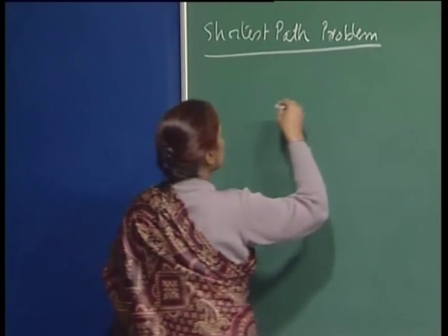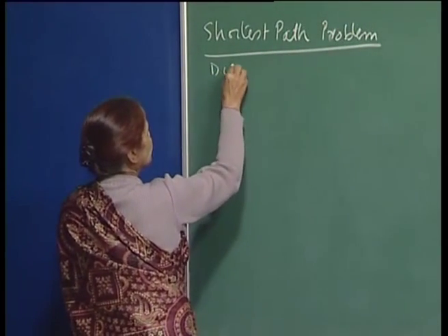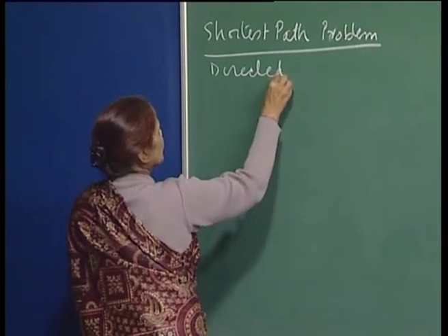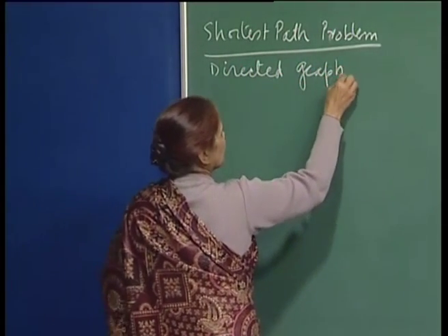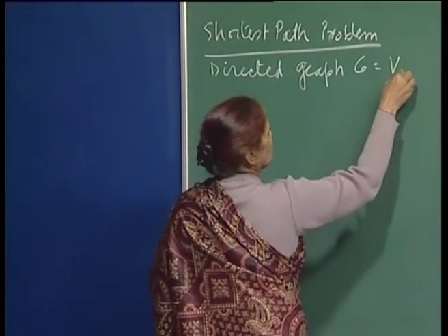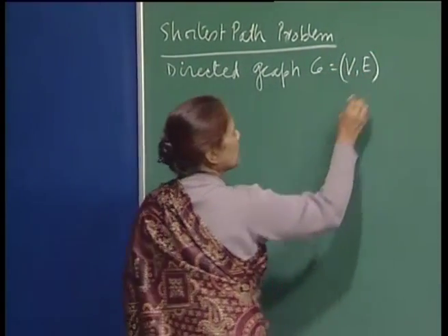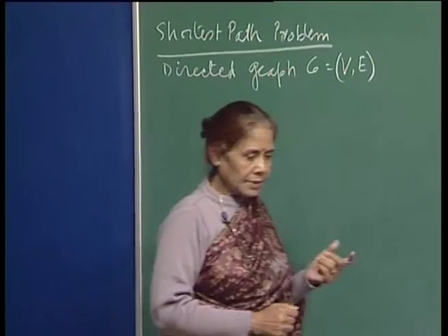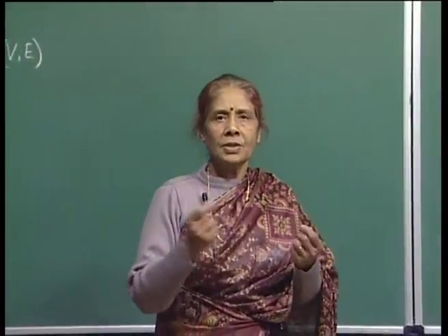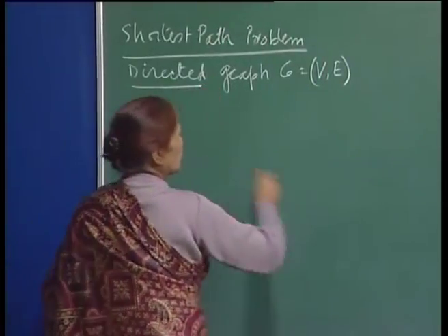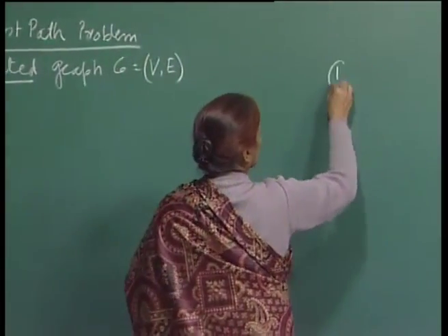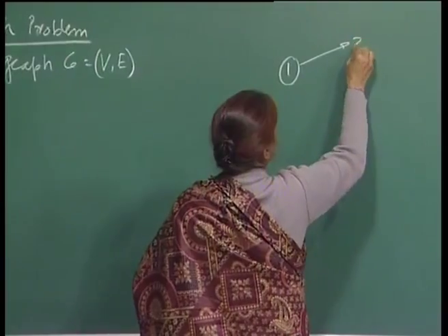The idea here is that you are given a directed graph, and I will explain the directed graph G, V and E. The usual notation is that you have a set of vertices or nodes and you have edges connecting them, and when we say that it is directed, there will be an arrow.